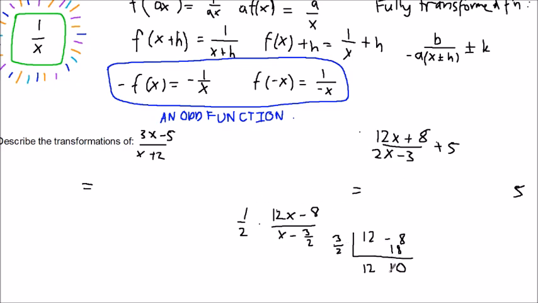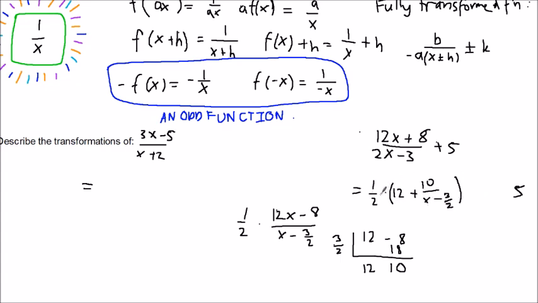So this is the result, and this is the remainder. So we'll have this is equal to 1/2 times 12 plus 10 over x minus 3/2, and it looks like I'm making it more confusing, but I really am not trying to.